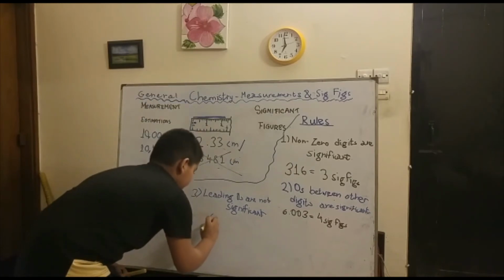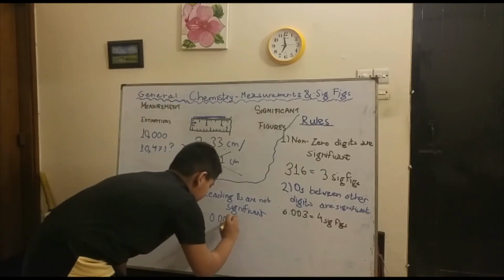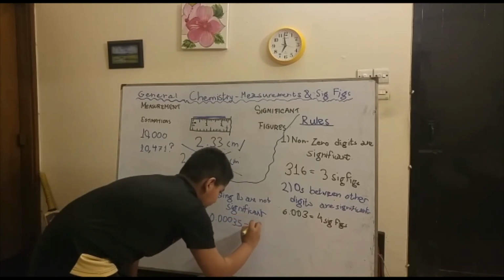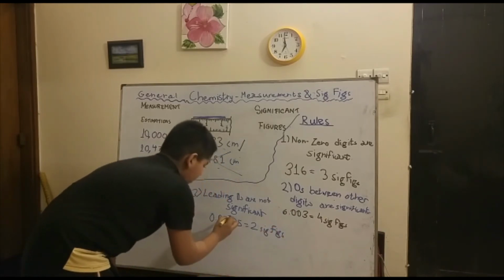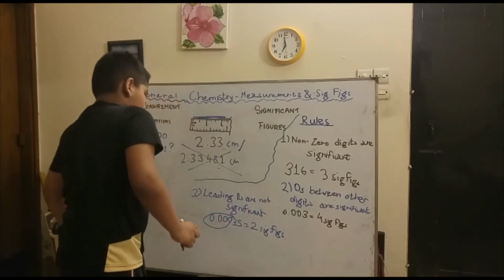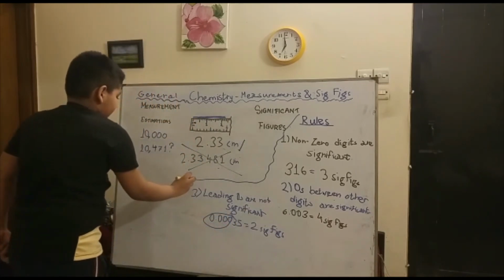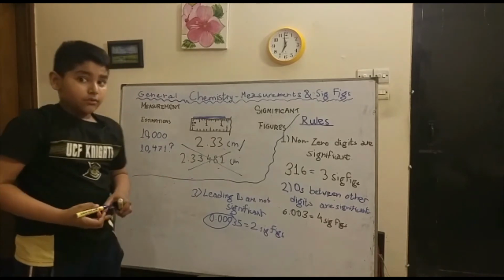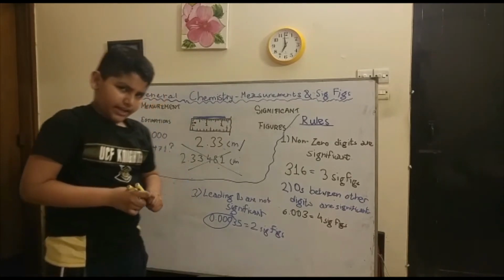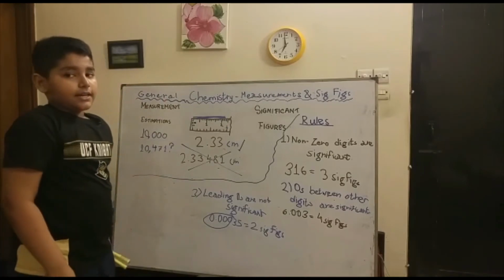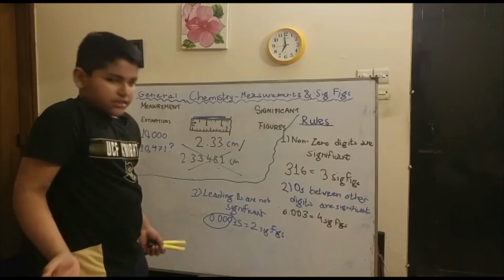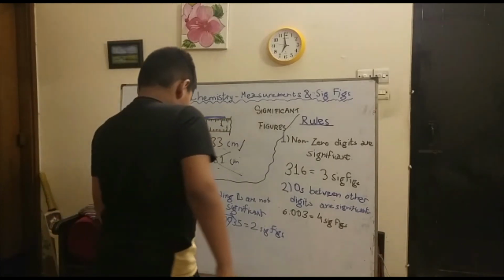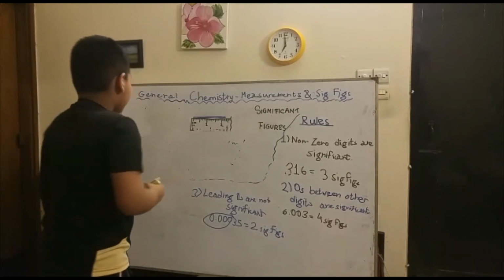So suppose 0.00035 would have a total of 2 sig figs, because these are leading zeros. Now trailing zeros are significant. I'm not going to write it here because it would take more time and I don't want to waste time. So let's pick up with some other rules.